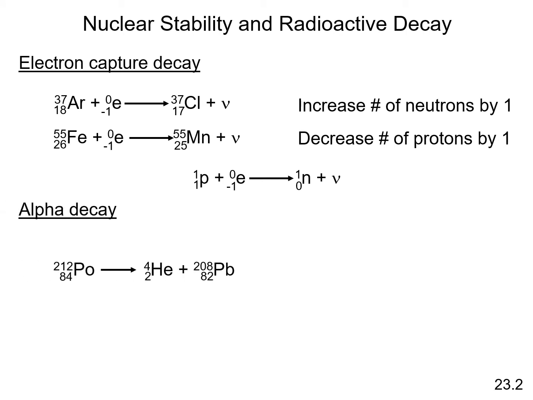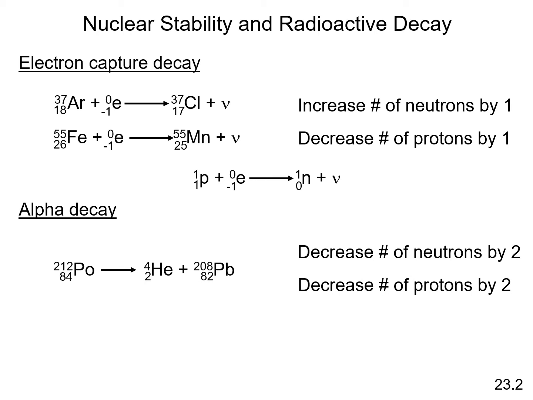Of course, we also have alpha decay. This is equivalent to the nucleus of helium, or it could be represented by the symbol alpha, 4-2. So there's a decrease of neutrons by 2 and a decrease in the number of protons by 2.